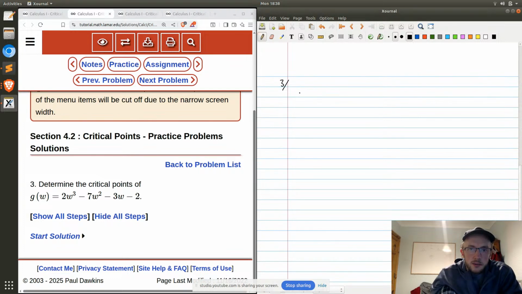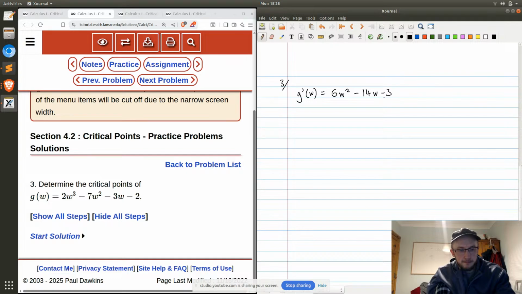Okay, so first we find g prime of w, which is 6w squared, take 14w, take 3.